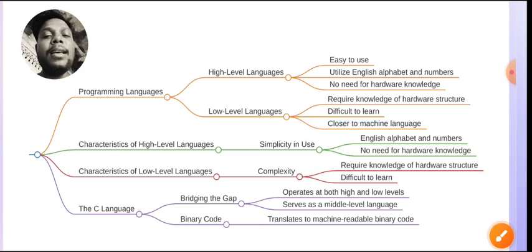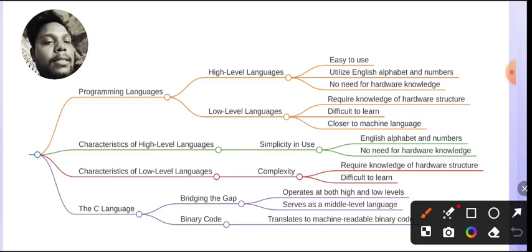So next one, characteristics of high level language. Simplicity in use. High level language is simple to understand, simple in use. But why? Because it uses English alphabets and numbers. English is not a very tough language, you just need an environment to speak English.